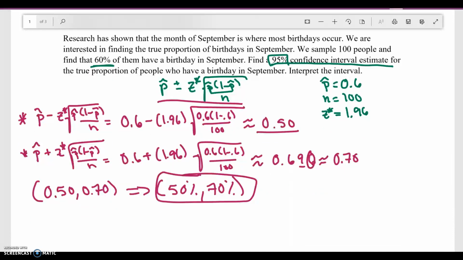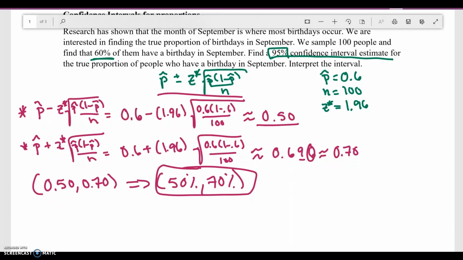Now one thing to note is that right after you write this interval, you do want to say what this interval really means. So what exactly does this mean?